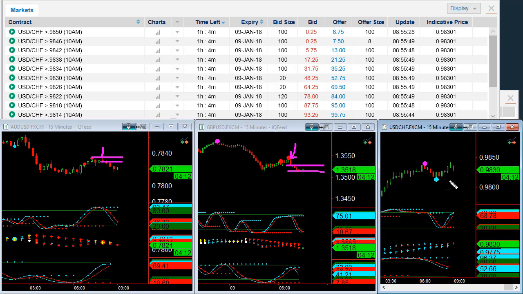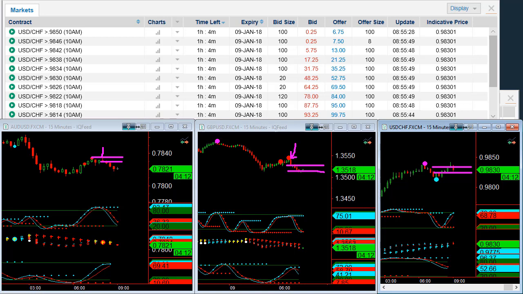Now on the USD Swiss franc, you could have entered at the money at the close of your reversal bar, or you could have gone 4 pips out of the money. The 4 pips out of the money is pretty easy to get, whereas the ones that have 10 pips strike width are a little bit harder.